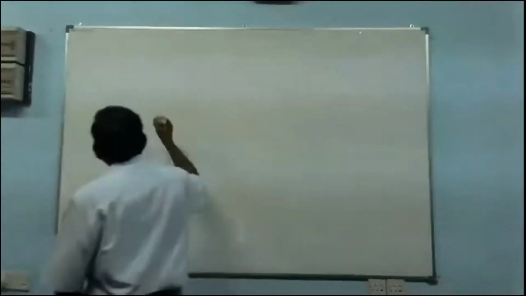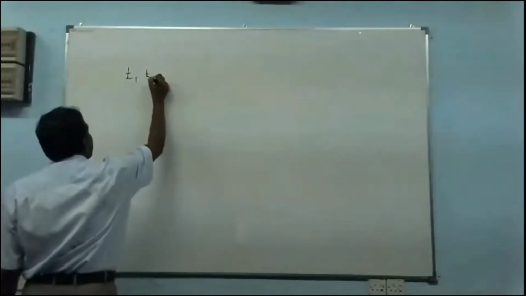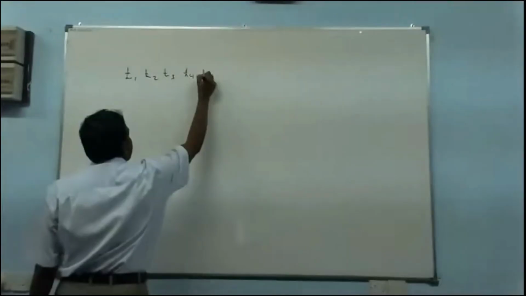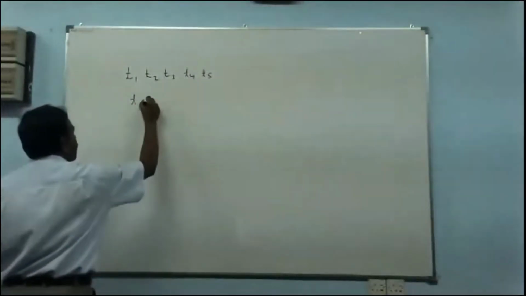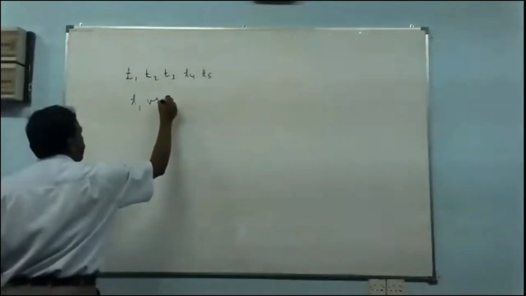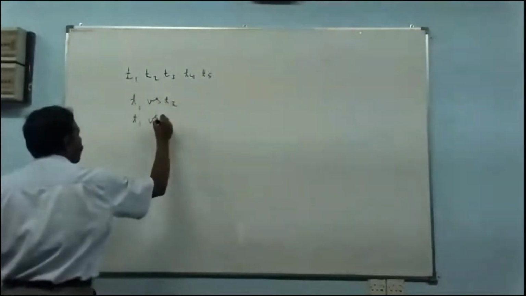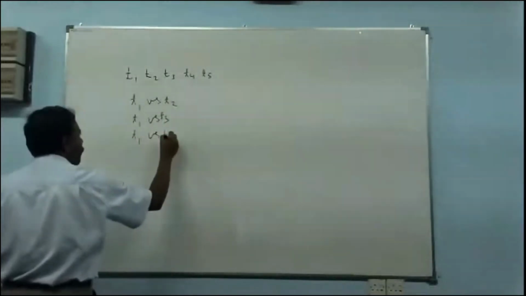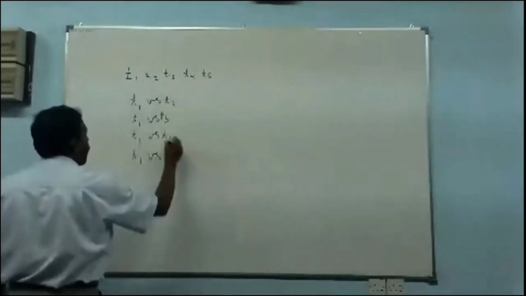Suppose let's say I have 5 treatments, T1, T2, T3, T4, T5. If I want to compare T1 versus T2, T1 versus T3, T1 versus T4, T1 versus T5, how does it look?